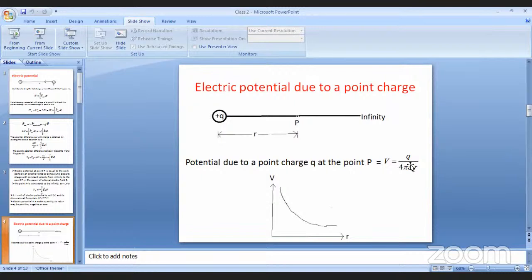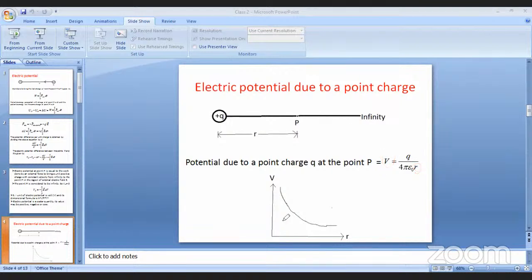V equal to Q by 4 pi epsilon naught into R. You can see this is the expression V equal to Q by 4 pi epsilon naught R, and the electric potential is inversely proportional to the distance.